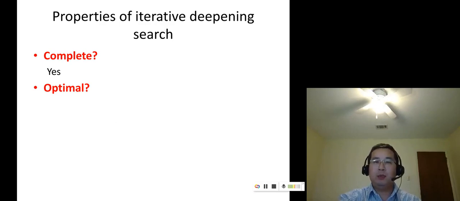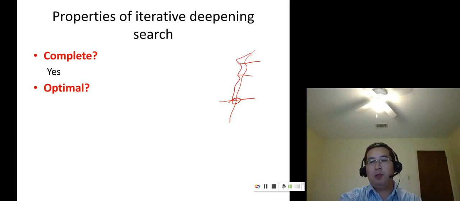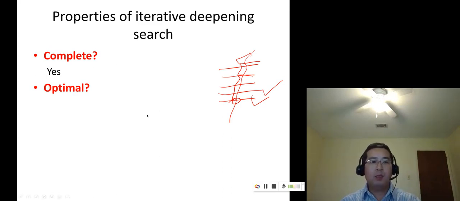And then optimal, similarly, because we expand layer by layer, if we reach the goal, reach the answer, that must be the smallest cost. The path must be the smallest, because we have examined all the smaller ones and haven't found it, then we expand, so of course that one will be the smallest. If step cost is equal to 1, we add this condition.